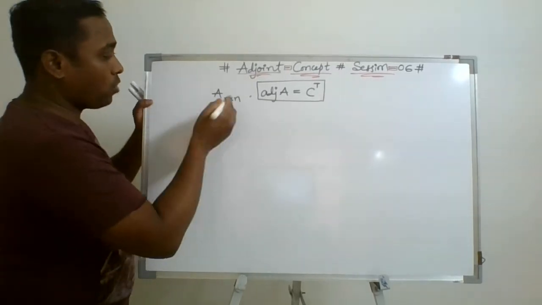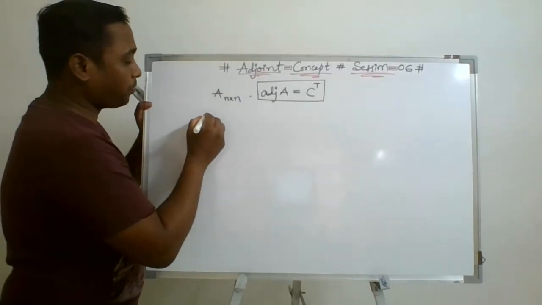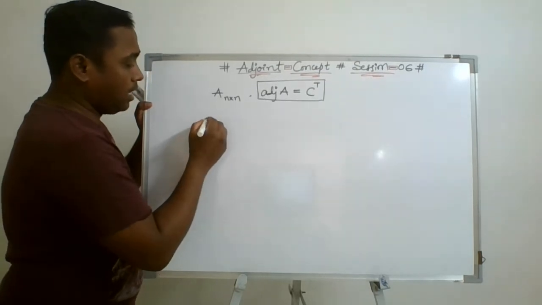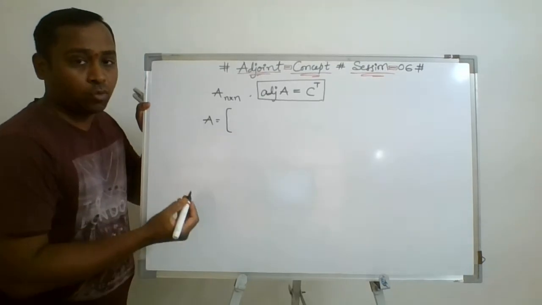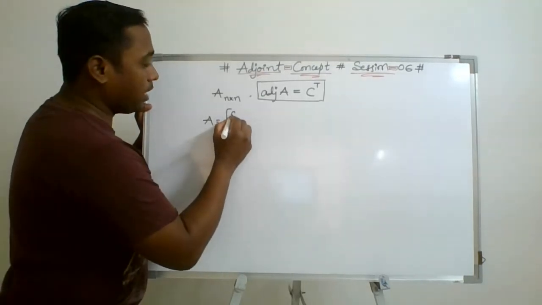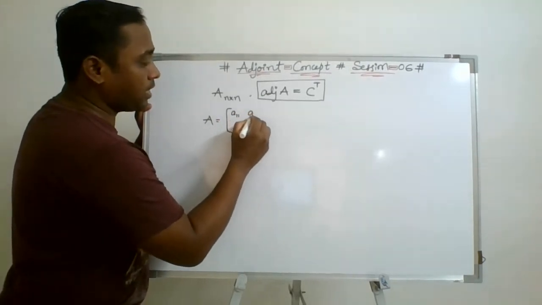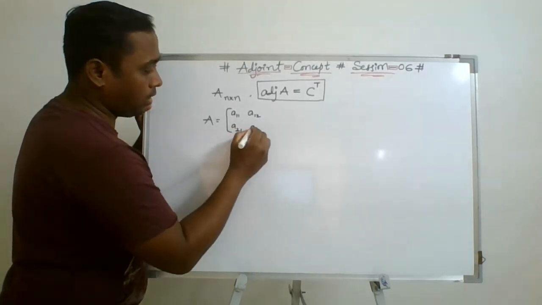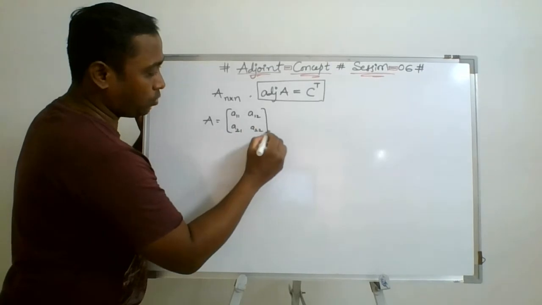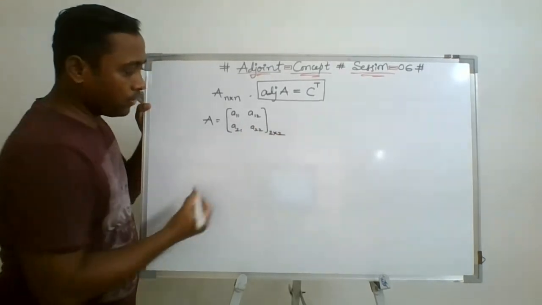Let us try to understand the definition in some detail. Let us say the matrix A. I am just taking the 2 by 2 order. Hence, here the elements are represented by small a11, a12, a21 and a22. So this is a 2 by 2 square matrix.